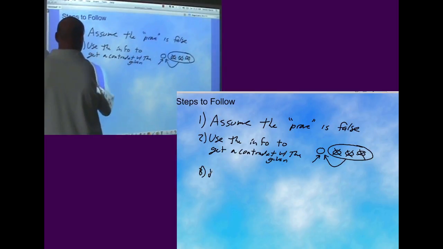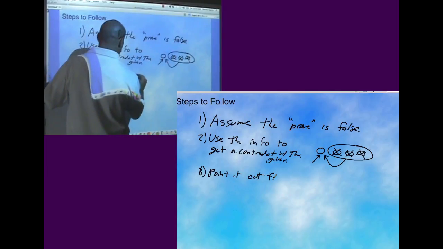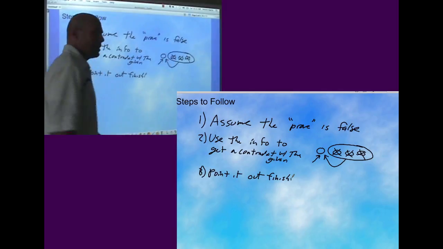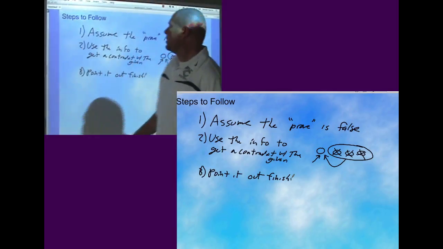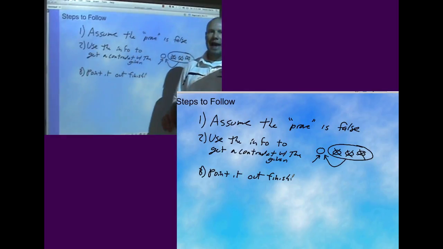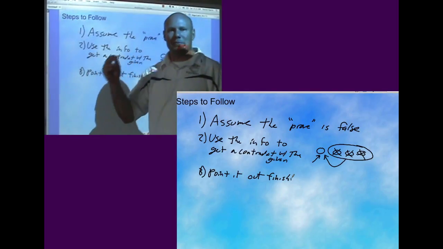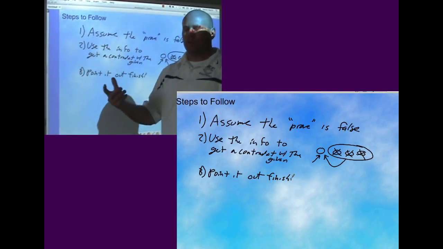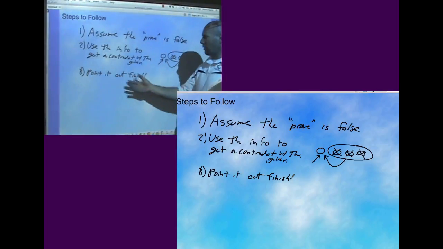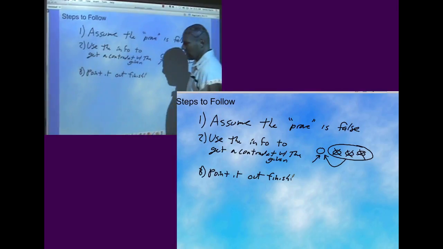And then you point it out and finish. Right? So let's take a look at 2 examples of that situation. I'm going to assume the proof is false. I'm going to use the information I have to show that that cannot be, because the if part of the given conditions has to be true, no matter what you're doing. So then I'm going to point out that contradiction, and then finish.